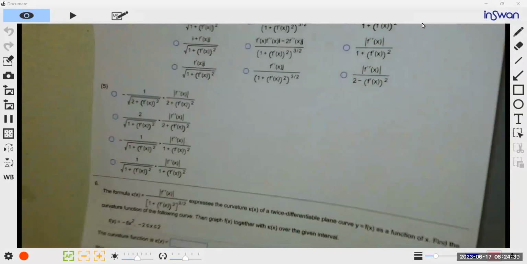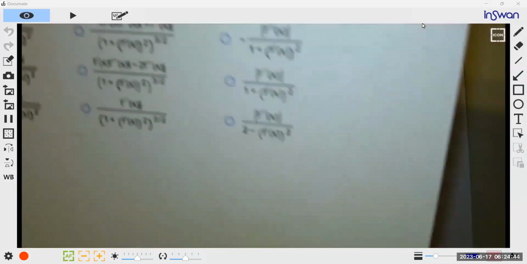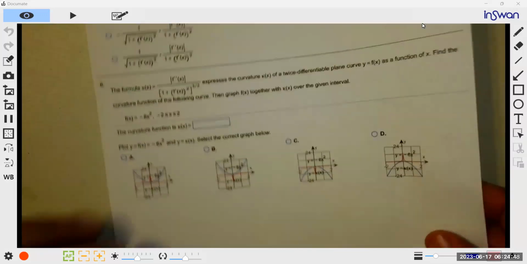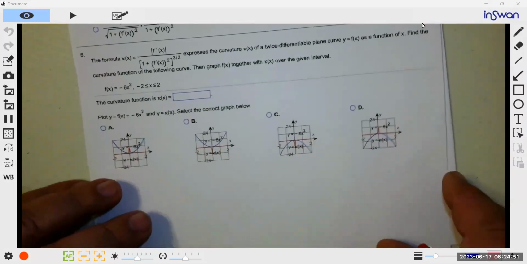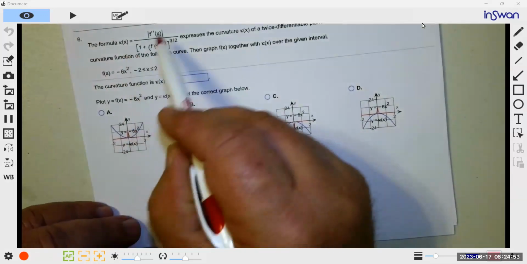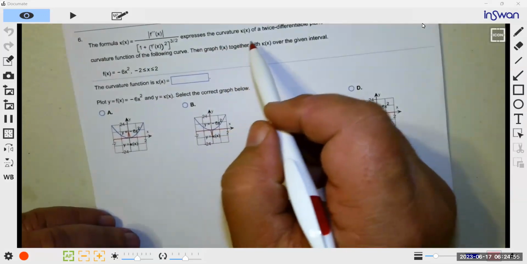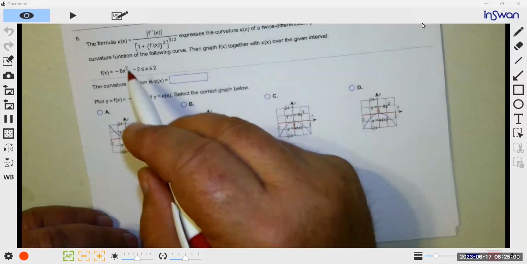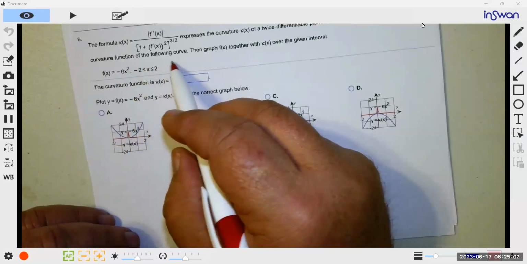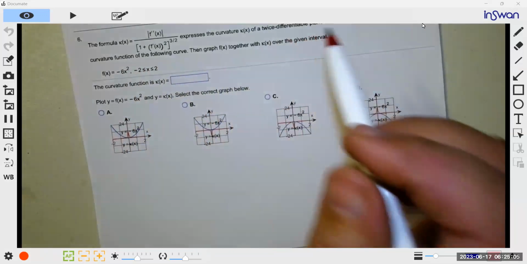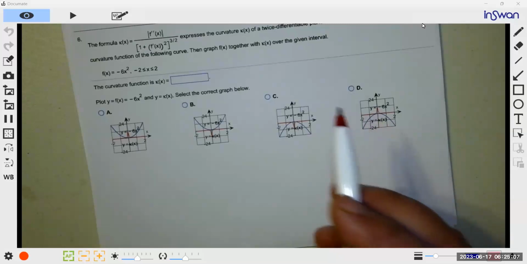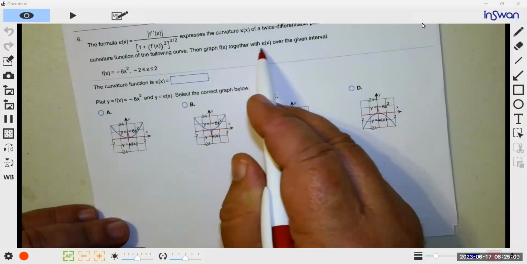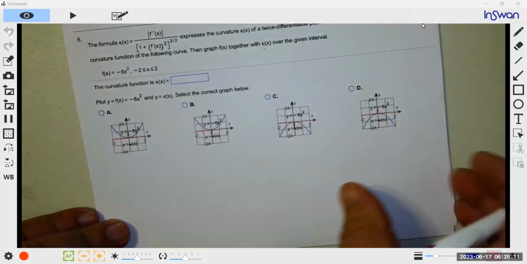Okay, the last one. I told you this would be a long one because of all the steps. If you mess up any one place, then you're hosed. Number 6, the formula K equals that, which expresses the curvature K of x with a twice differentiable function as a function of x. Find the curvature function of the following curve, then graph f of x together with K of x.